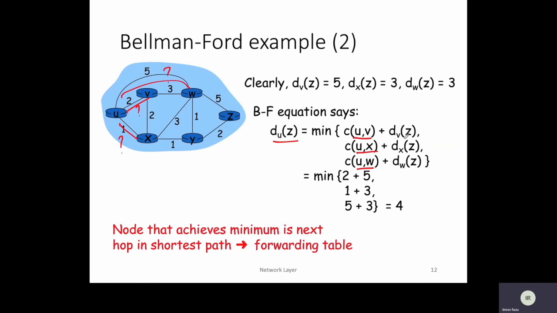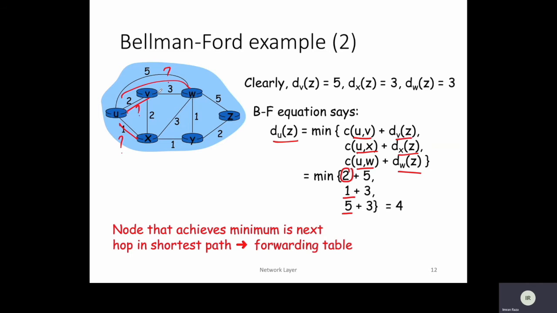Now we will find the least cost, and the same is the case with the neighbor x. This cost is known, we know this cost is 2, so we can see here. Similarly, this cost is 1, the cost to reach from u to x, and the cost to reach from u to w is 5. But what's the least cost to reach from v to z?